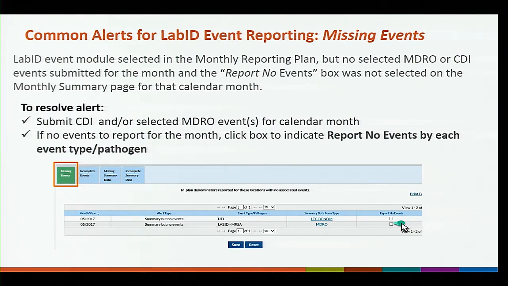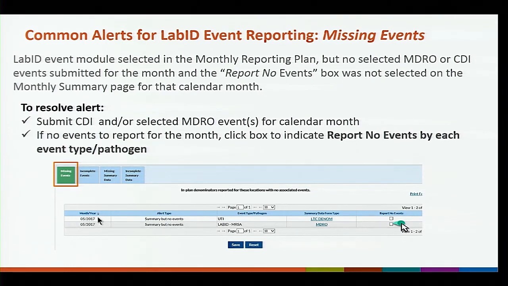And what this means is that you selected LabID event modules in your monthly reporting plan, but you did not report any LabID events, and you forgot to click that Report No Events box on your summary data. Remember, I showed you the summary data, and you have to click Report No Events. We've made it easy for you on this particular alert.